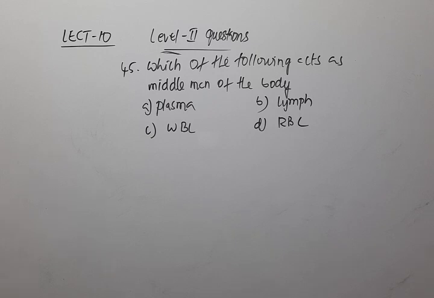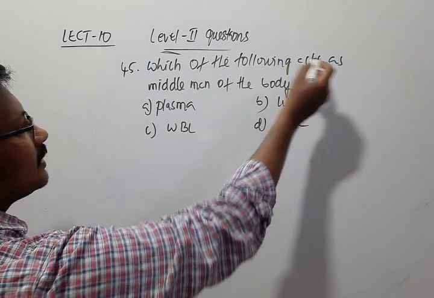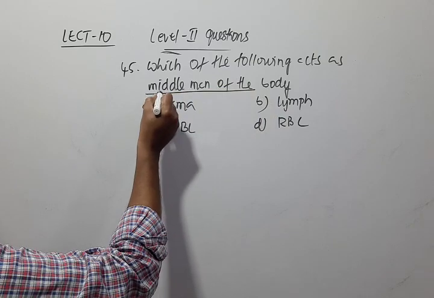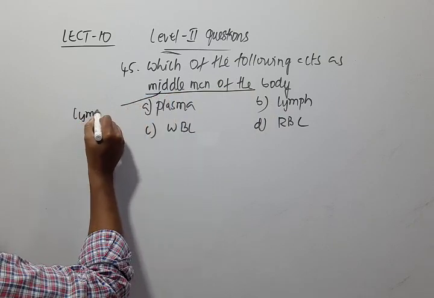Right, so the next question: which of the following acts as a middle man of the body? Plasma, lymph, WBC and RBC. We have already studied that the middle man is the lymph.